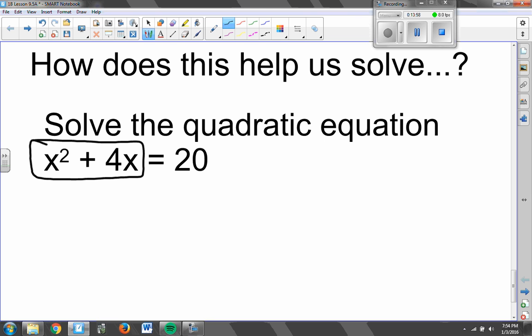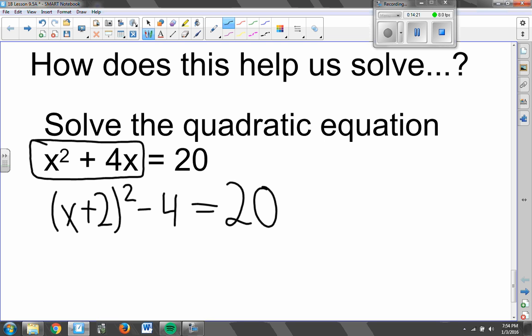So we've already completed the square on that up above. So if you want to see me complete the square with that, go back up above. I'm just going to tell you right now it's x plus 2 squared, and then a minus 4. Okay, that is still equal to 20.